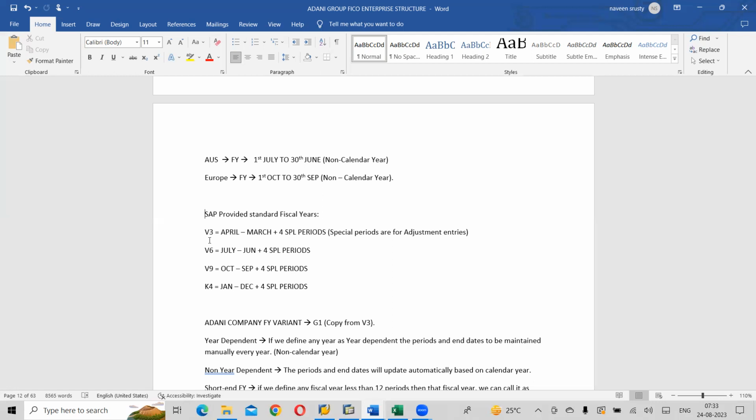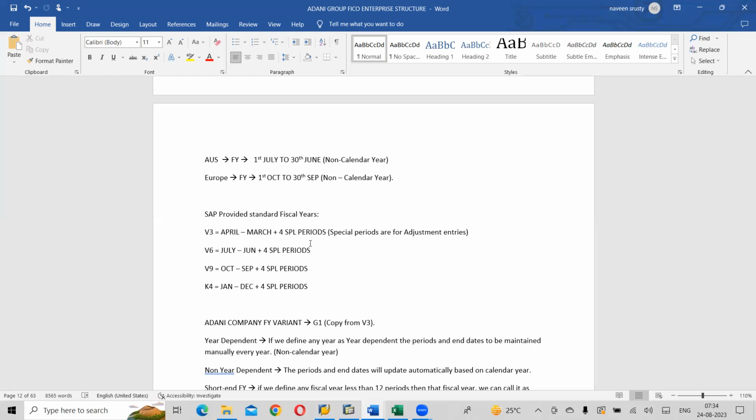Naveen, these 4 special periods are nothing but for adjustment entries, right? I just want to understand, are these 4 special periods months or dates? Months only. In SAP we call it a period, but in general it is considered as months. So 13th month, 14th month, 15th month, 16th month.